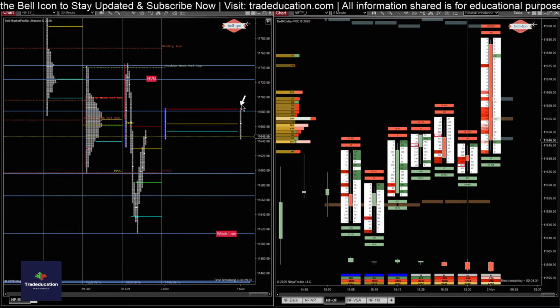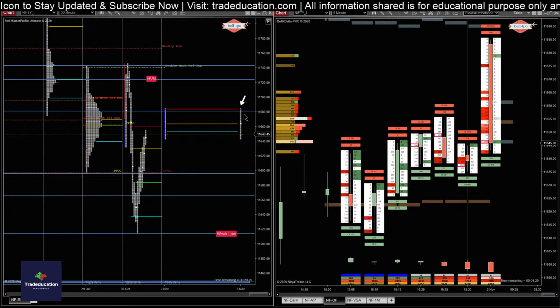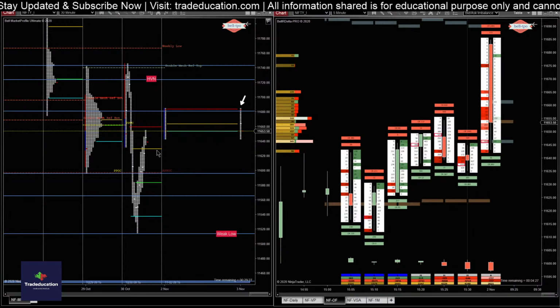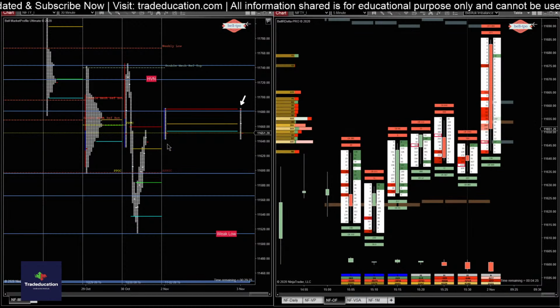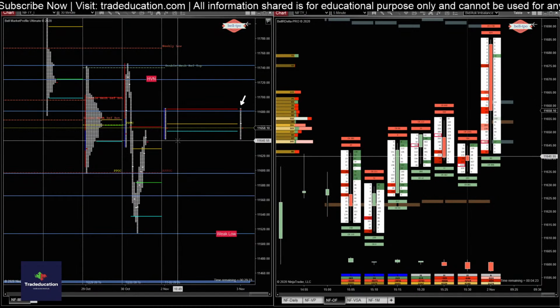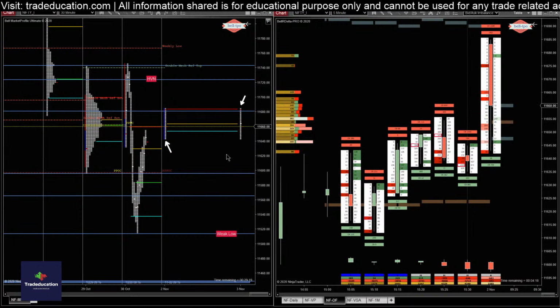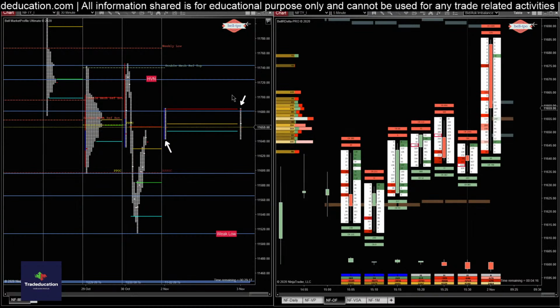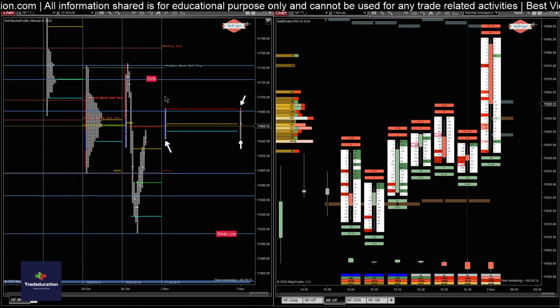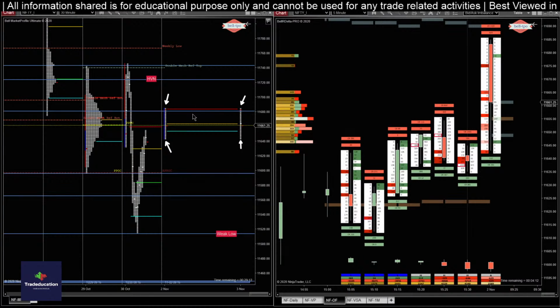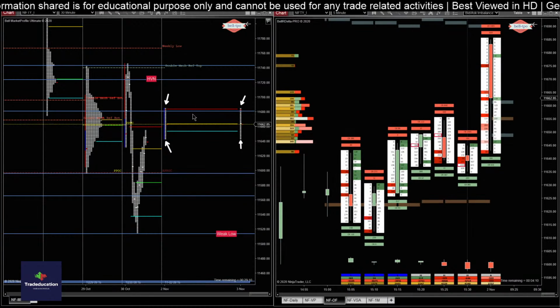This high is weaker, and this will be getting tagged. The low is also weaker. So both high and low are weaker right from the market open.